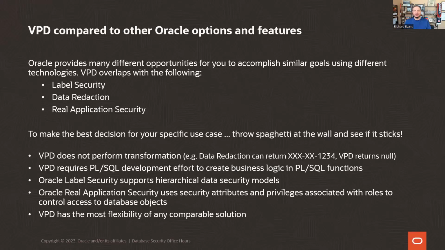Real Application Security is our effort to add to that and create security attributes, privileges, and involve the application users as well, not just the database users. So if you're doing something maybe with Apex, Real Application Security might be a better choice for you. So, different tools for different jobs.